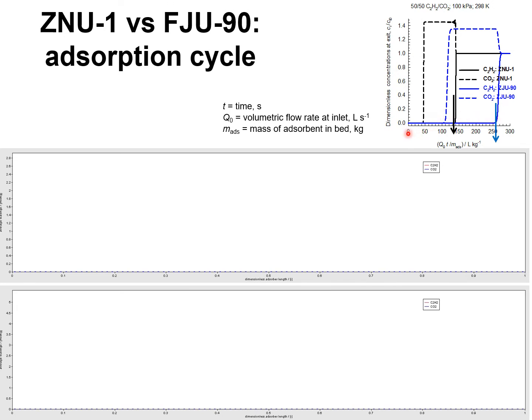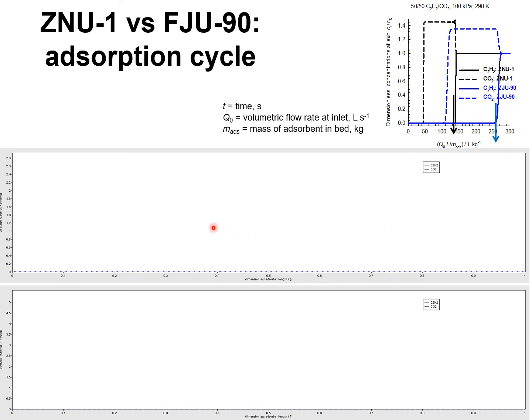Since C2H2 is the desired product, it is of importance to have an appreciation of what remains within the adsorbed phase up till the point at which the blowdown operations start.